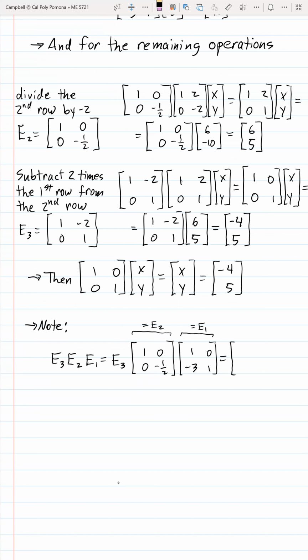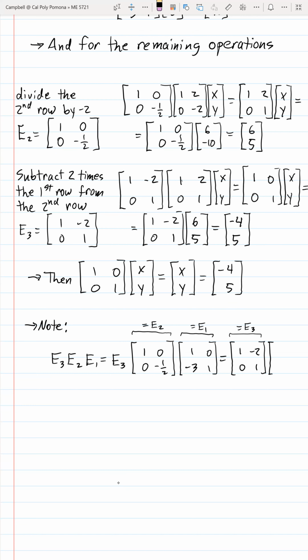So let's go ahead and rewrite now E3, and then I'll write the result of the matrix multiplication of E1 and E2. So E3, you might recall, was 1, negative 2, 0, 1, and that's E3. And then let's go ahead and multiply out E1 and E2.